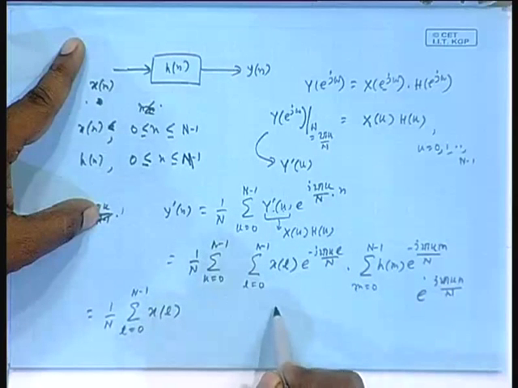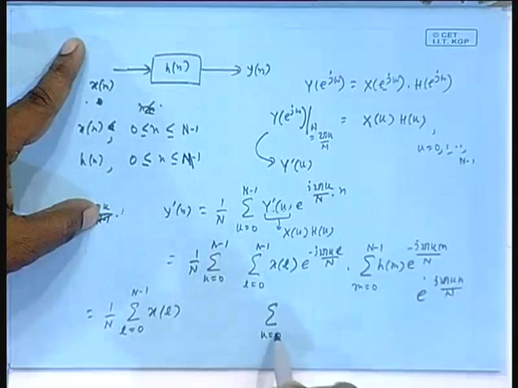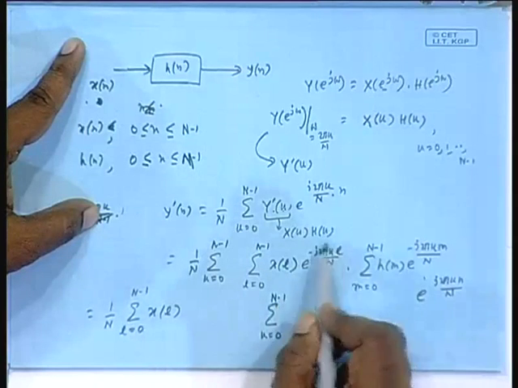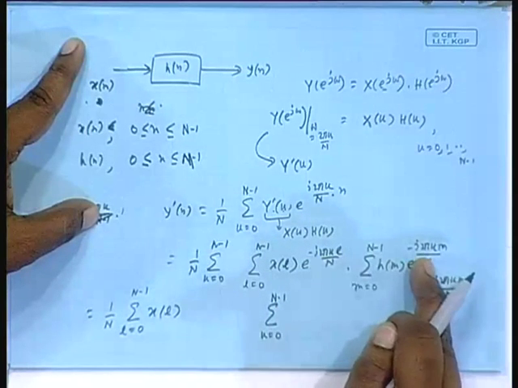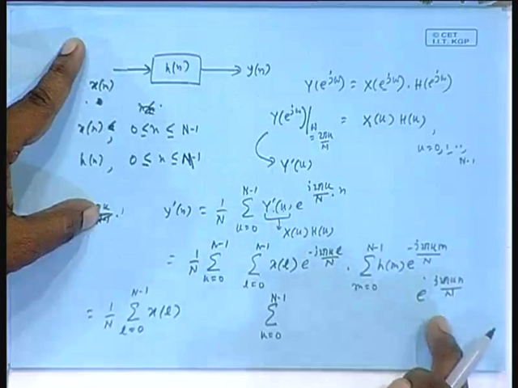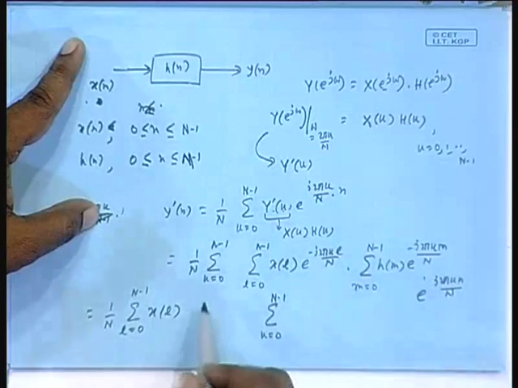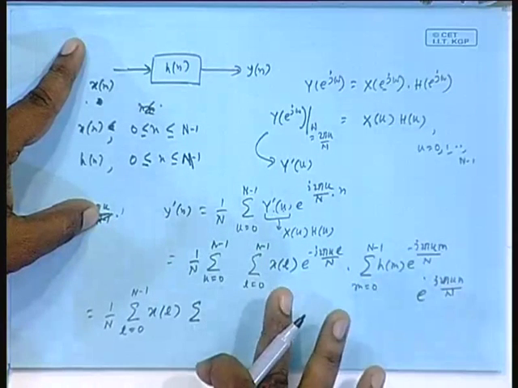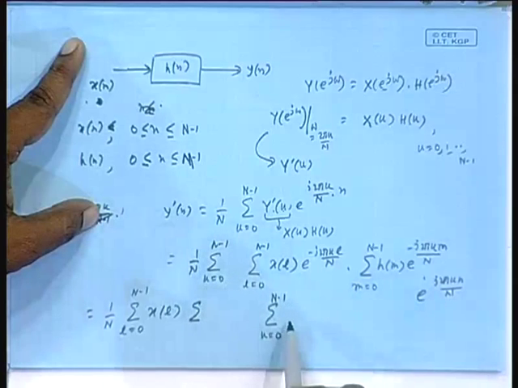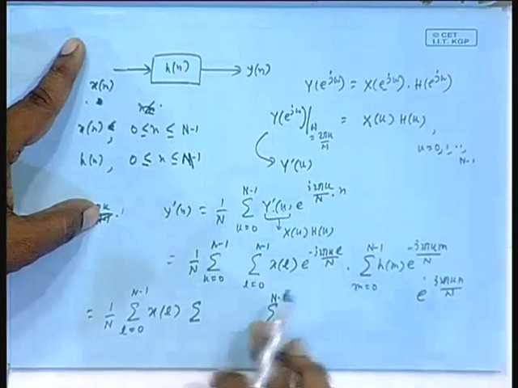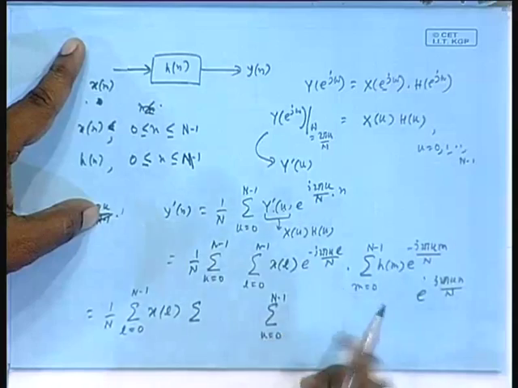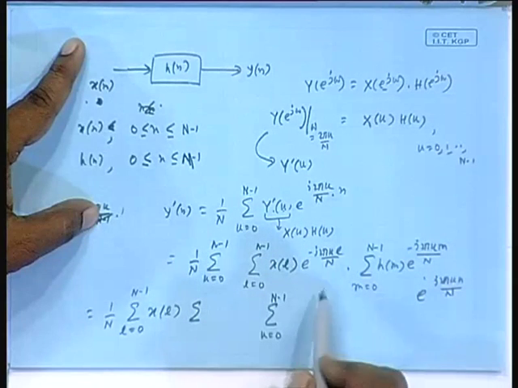If I have an inner summation over k, so this will go there because it has k, this has k. This exponential all will be inside because the innermost summation is over k. Are you following this? This outermost becomes innermost. Whichever has k, those are pushed in. This has k, this has k, this has k.